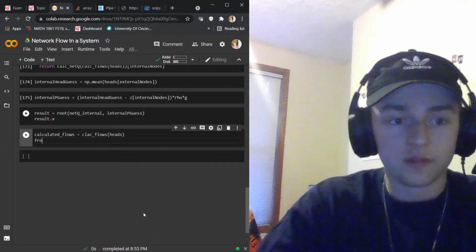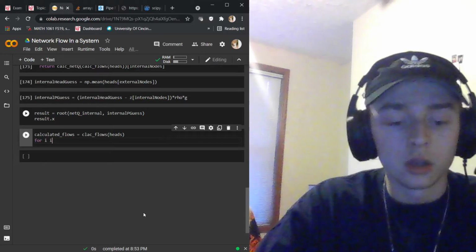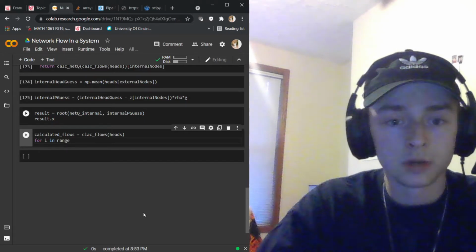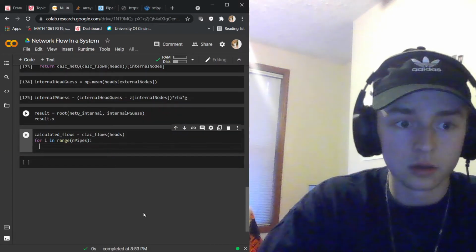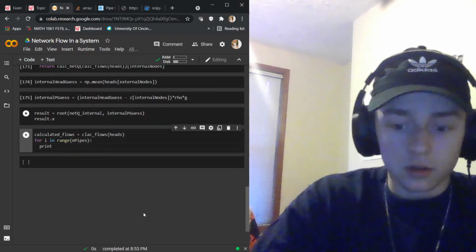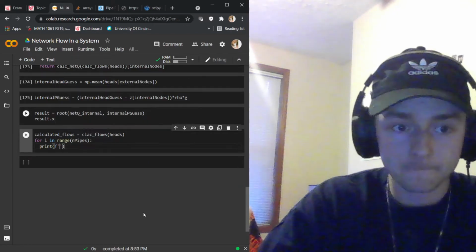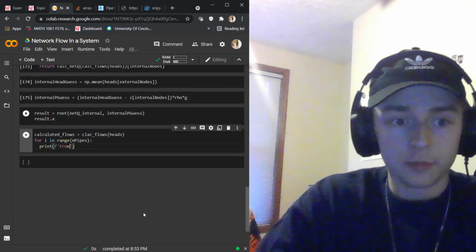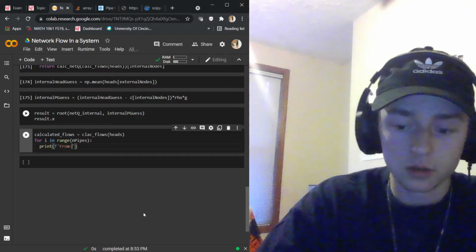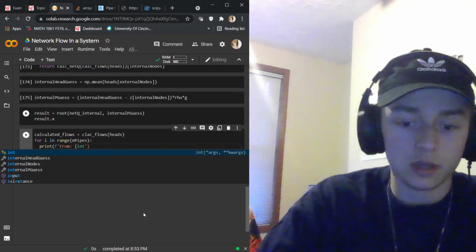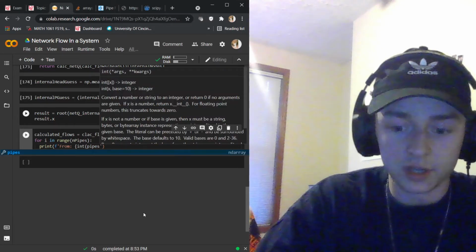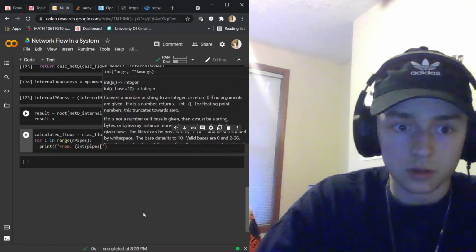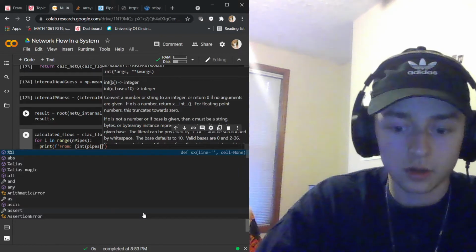And then we're going to say that for i in range, for the number of pipes that we have, we're going to print the from node, and we're going to say, okay, we want int of the pipes, that's a square bracket, not a parenthesis, pipes, and we want our from node, so we're going to say i, 0.